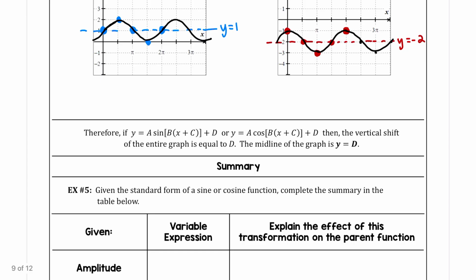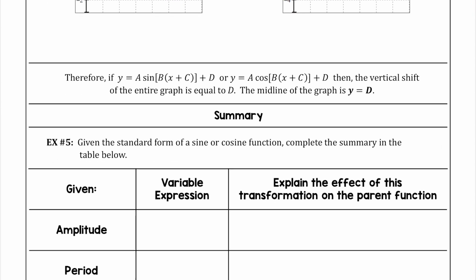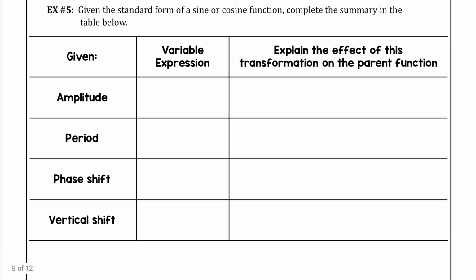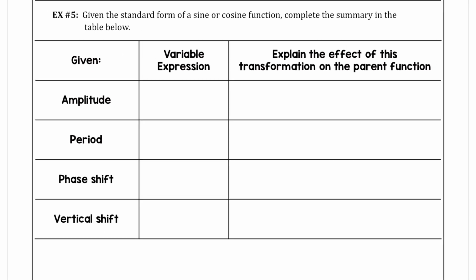Alright, and then we have this summary area here. Given the standard form of a sine or cosine function, complete the summary in the table below. So this is everything we've learned here. So our variable expression for amplitude is going to be our a value.